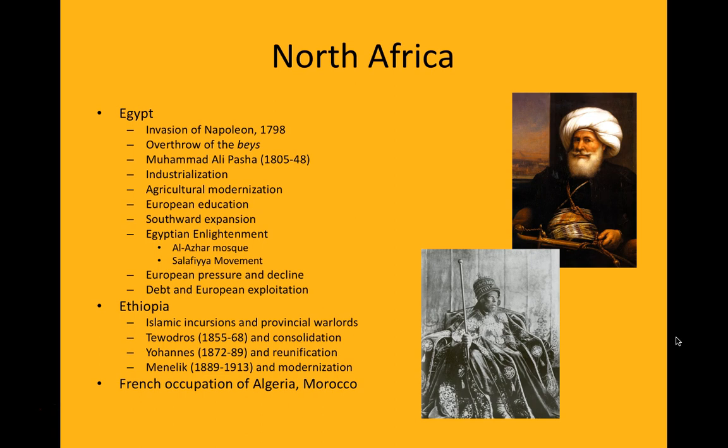The French control Algeria, and Algeria will become a very important part of the French Empire, a unique part of the French Empire eventually, because of its proximity to France itself.